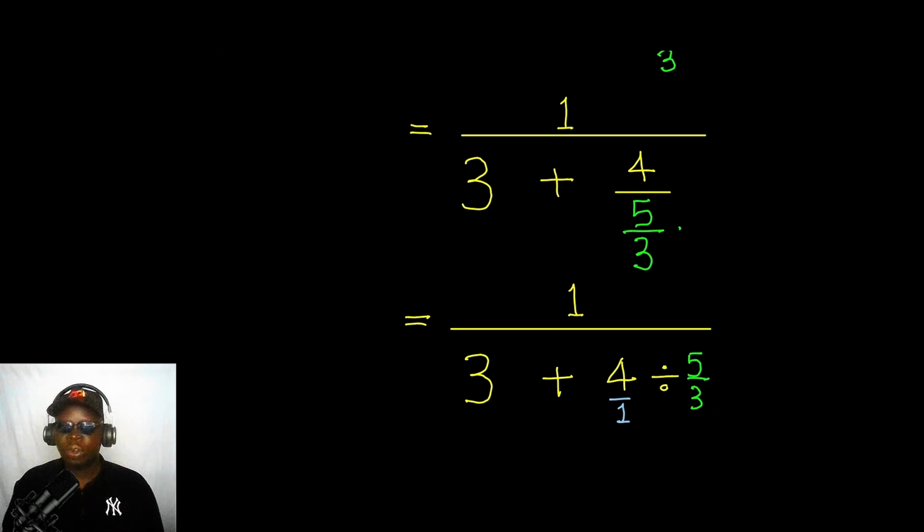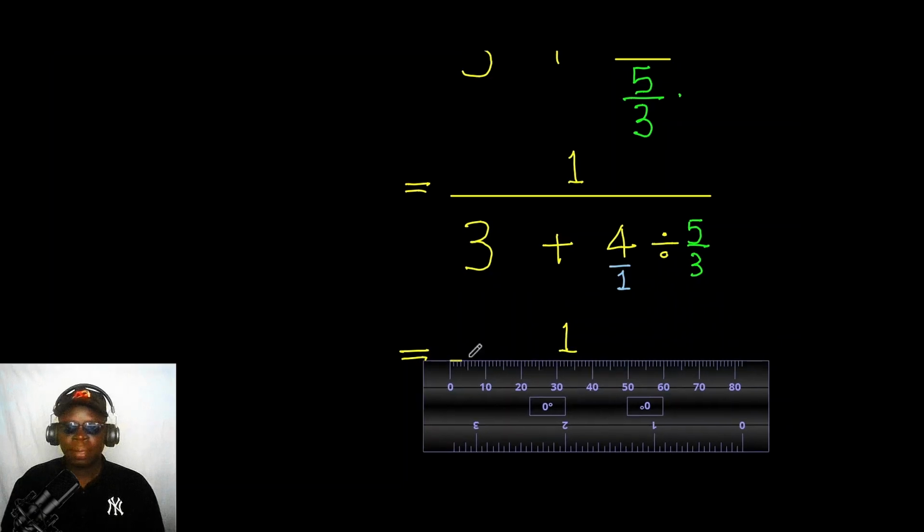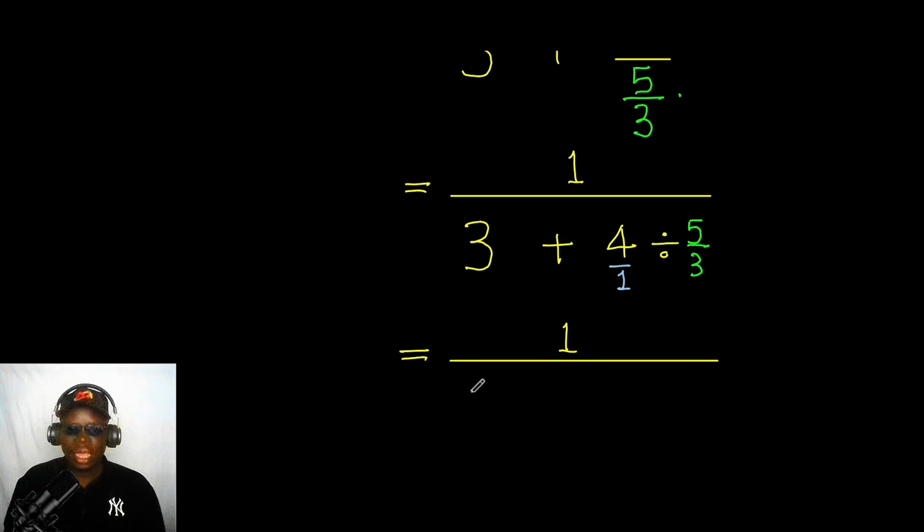So let's move on and implement exactly what I've just said here, and we have our 1 still all over the denominator. Here we still have our 3 plus our 4 over 1. We have multiplication.